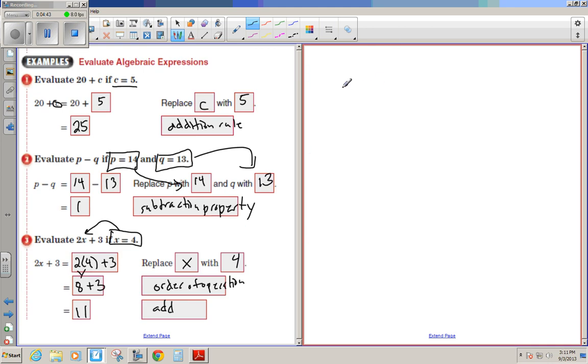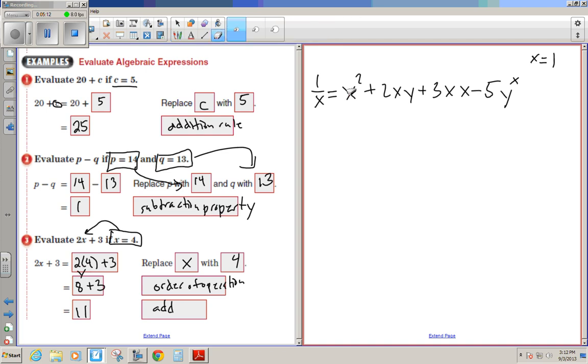Now, I can write any type of expression I want. If I say that x equals 1, that means every place that there is an x, there, there, 2 of them there, and there, will become a 1.